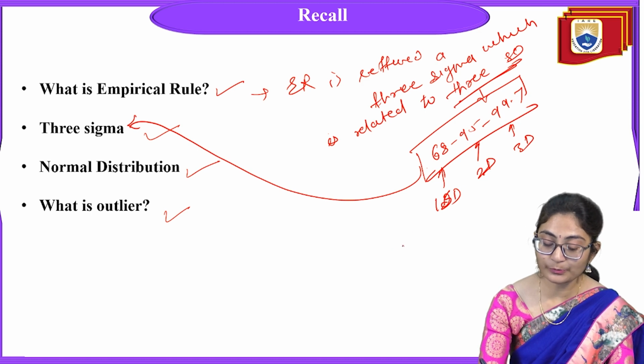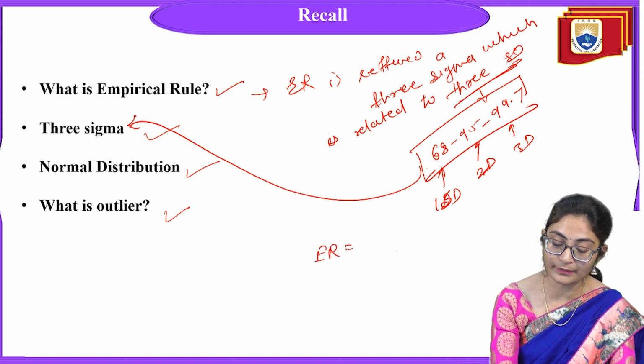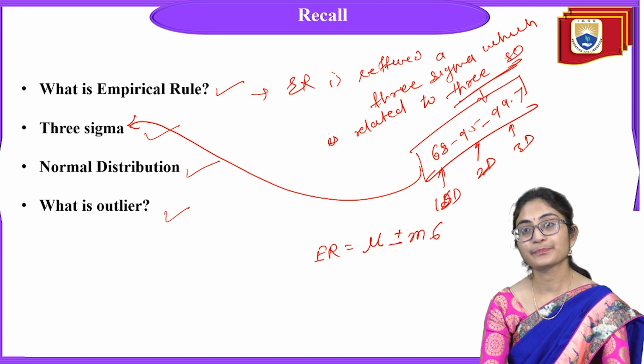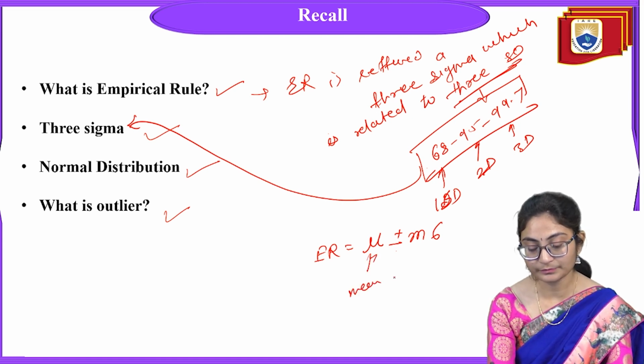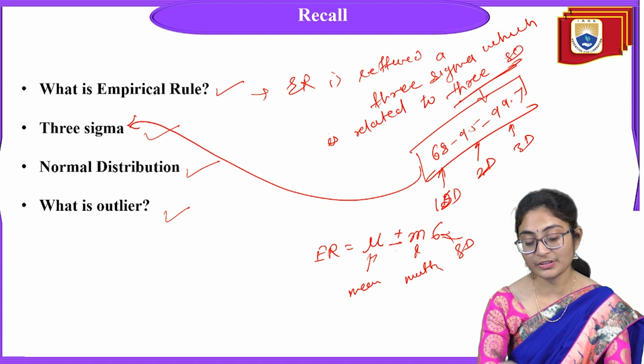And we know the formula for the empirical rule: mu plus or minus multiplier times sigma. This is your mean, this is your multiplier, and this is your standard deviation.